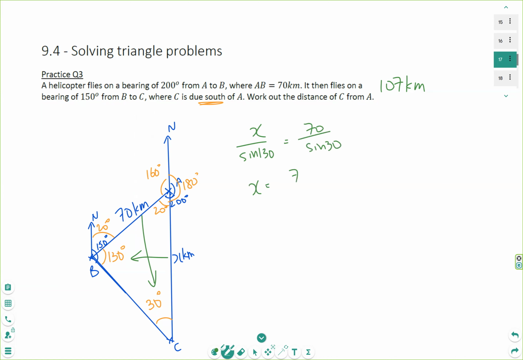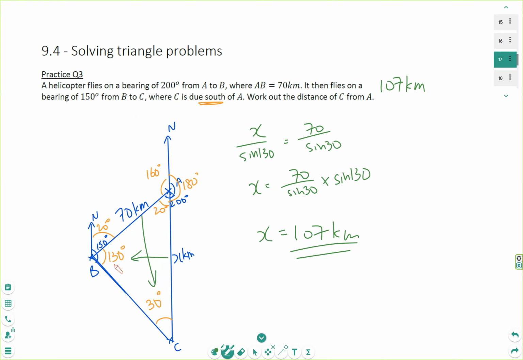So X equals 70 over sine 30 times sine 130. Sine 130? Yep. So 70 over sine 30 times sine 130. Yep, 106 kilometers. I think the difficulty of this question comes from sketching a diagram.